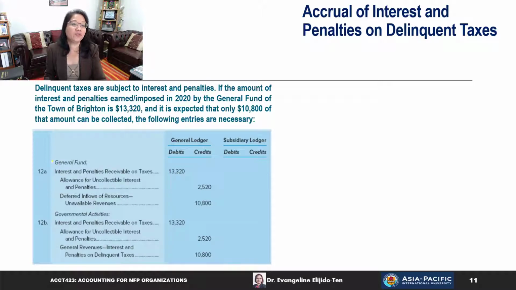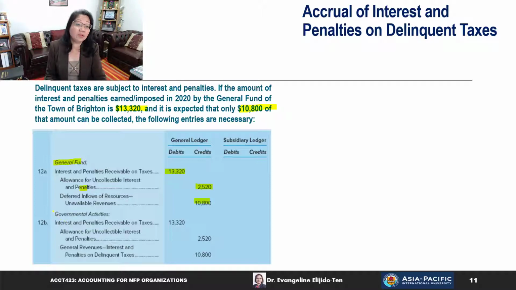In the general fund, we will be debiting interest and penalties receivable on taxes for 13,320, and we will credit allowance for uncollectible interest and penalties for 2,520, the difference between 13,320 and the 10,800. We will also credit deferred inflows of resources, unavailable revenues, for 10,800.